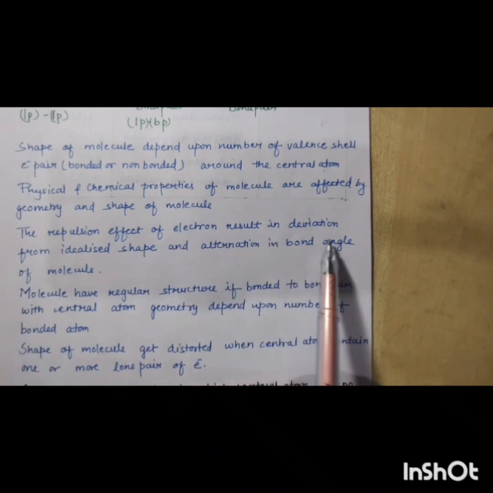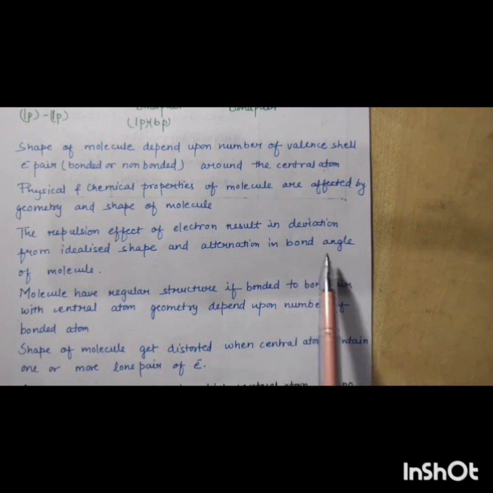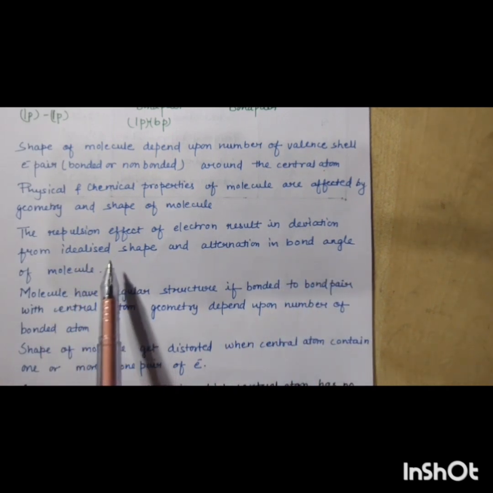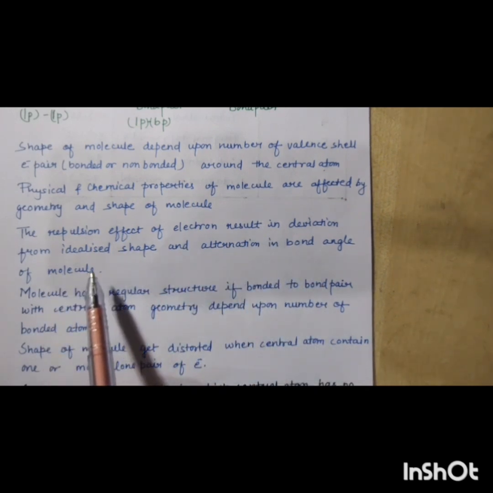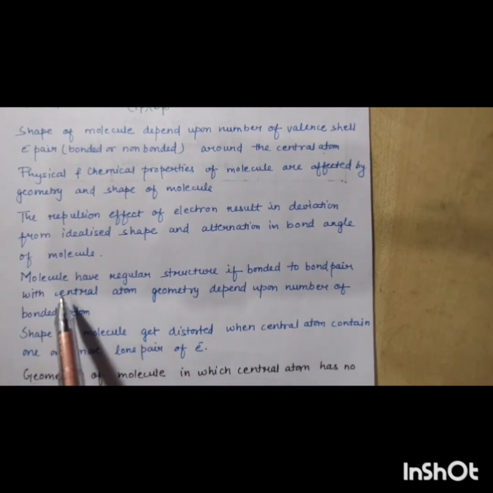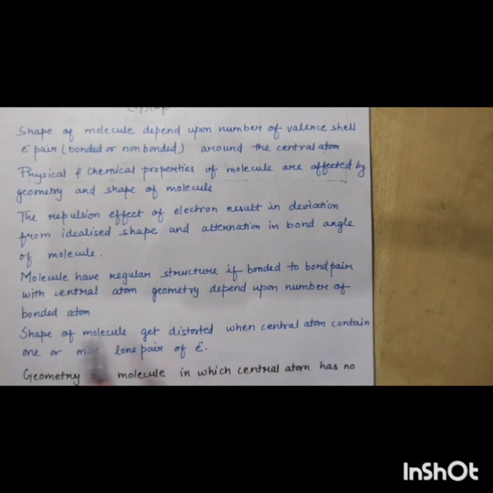Now the repulsion effect of electrons results in deviation from the idealized shape and alteration in the bond angle of the molecule, because of the repulsive effect.